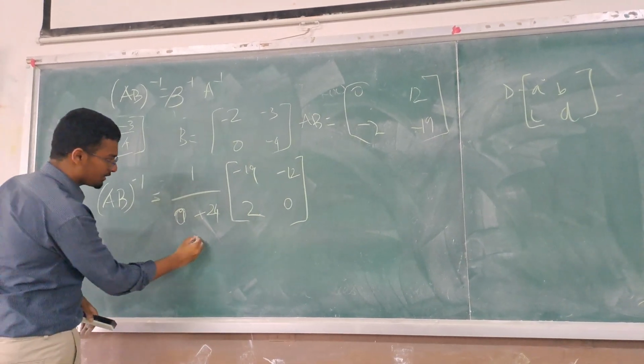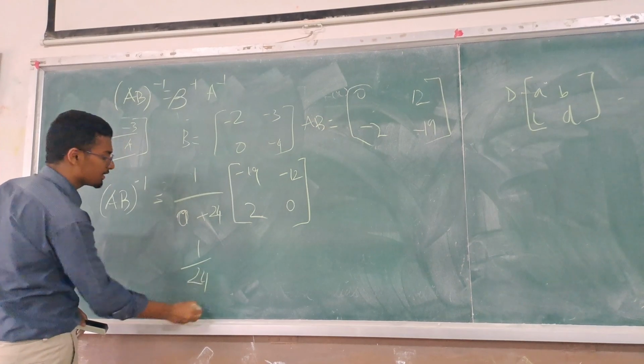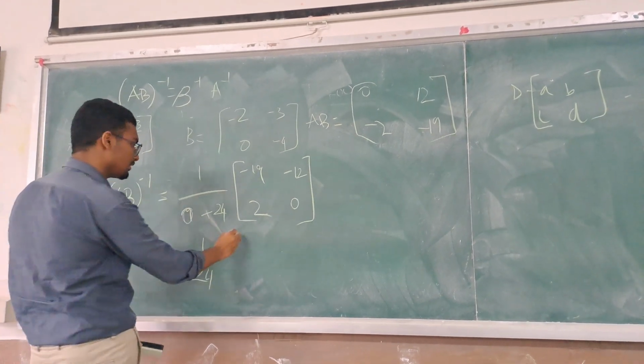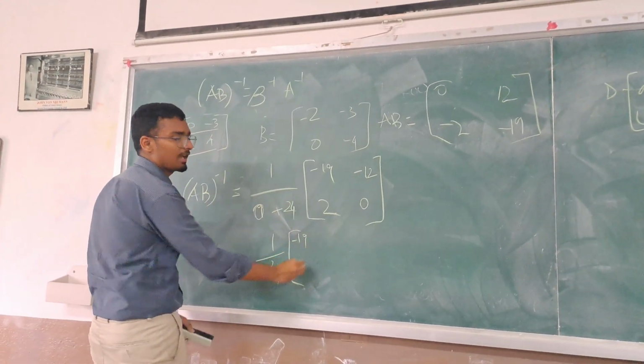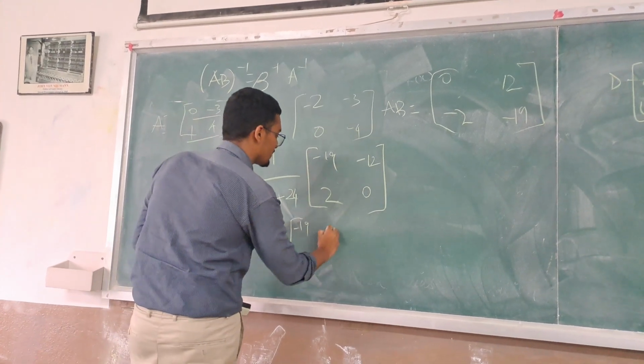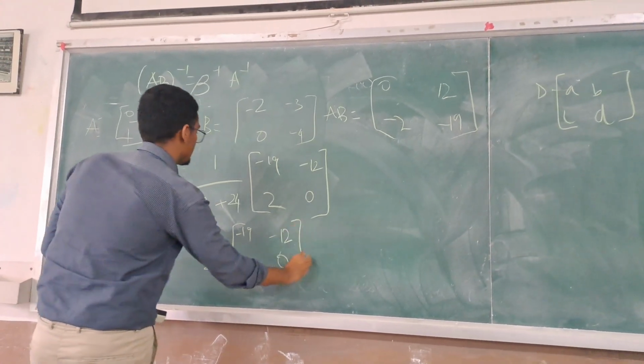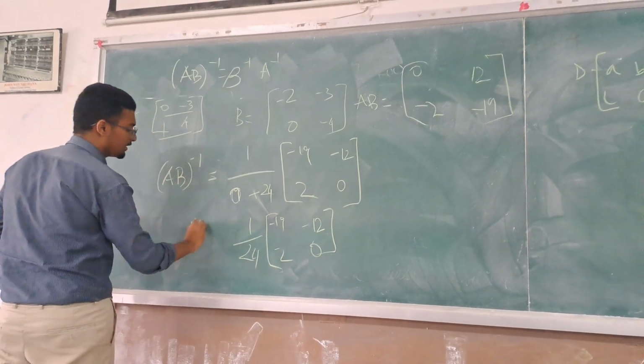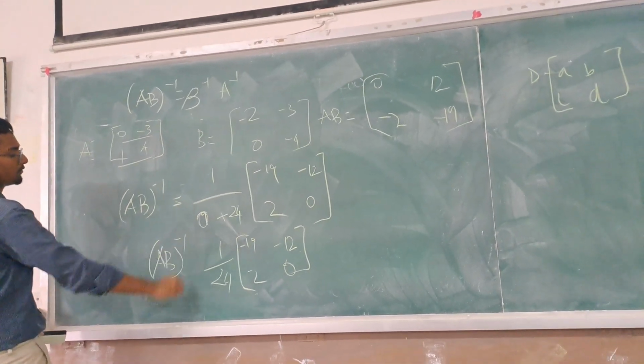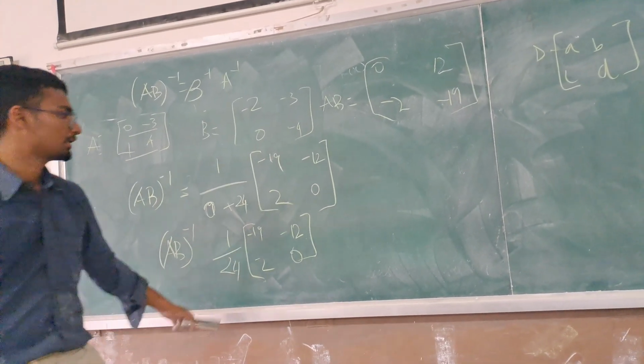Then it is calculated as 1 by 24 as numerator and denominator, with these terms as they are. This is (A into B) the whole power minus 1, calculated.